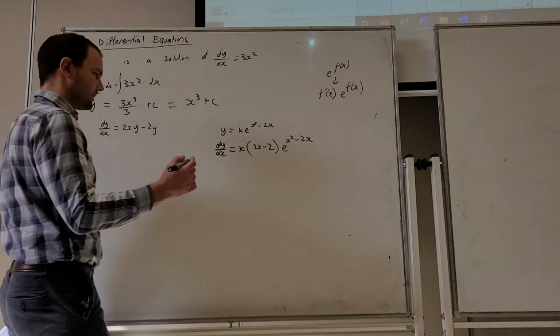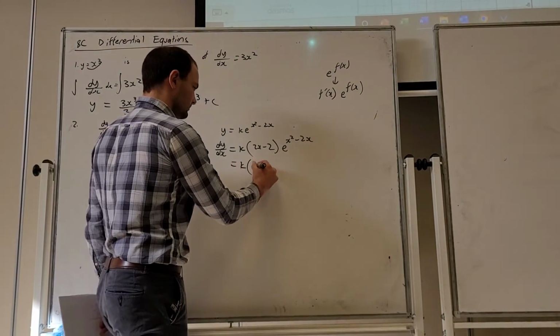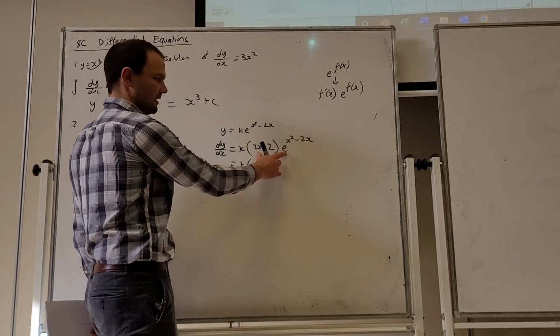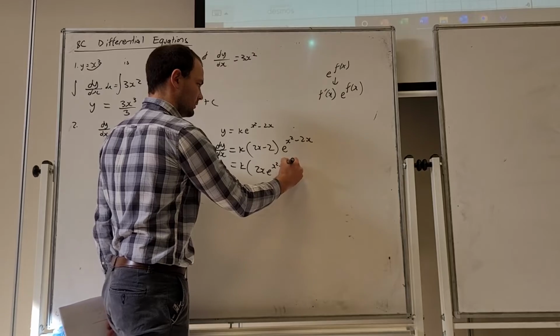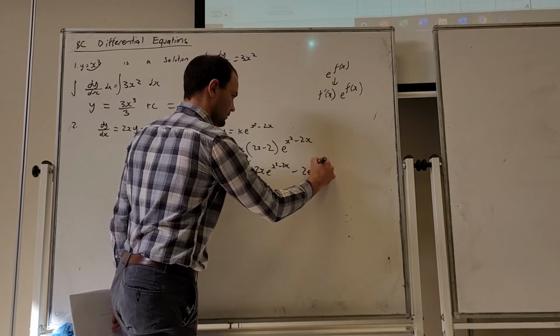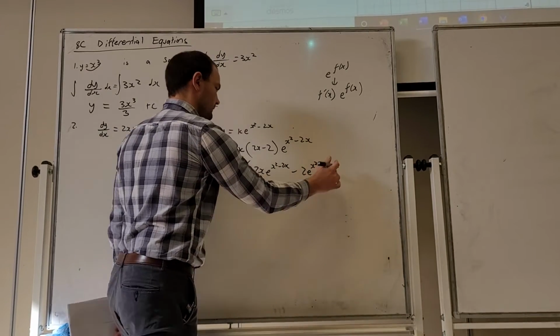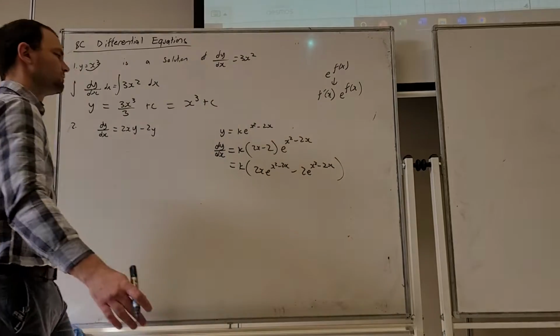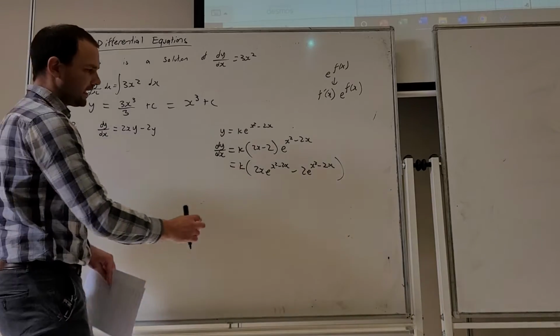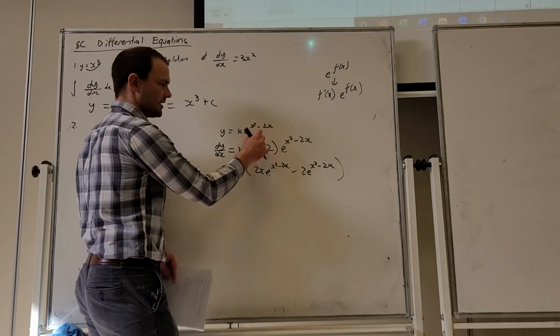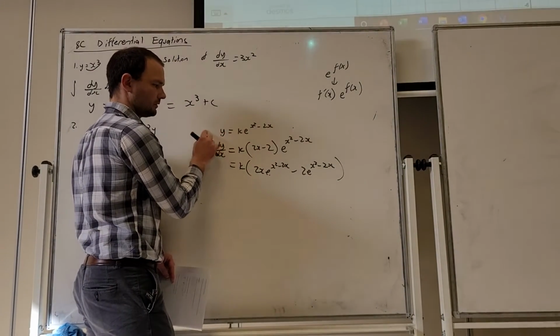And so what does this become? I'm going to expand this. I'm going to distribute the 2x and the minus 2. Okay, and what do we notice? Well, e to the x squared take 2x is y.